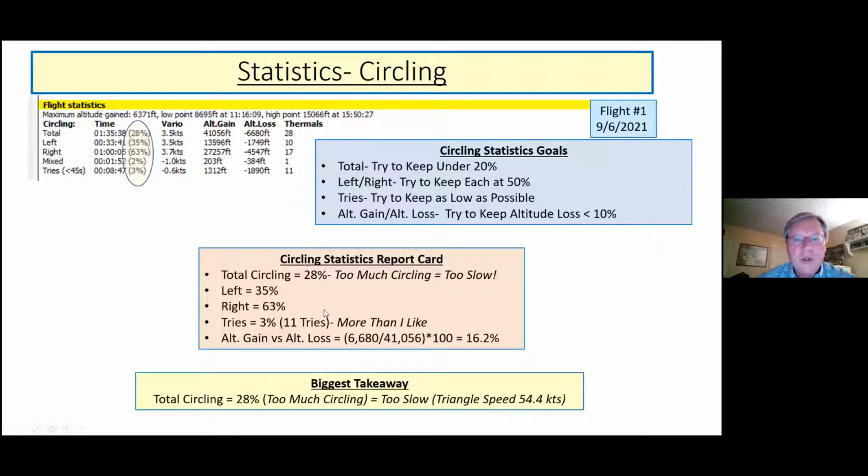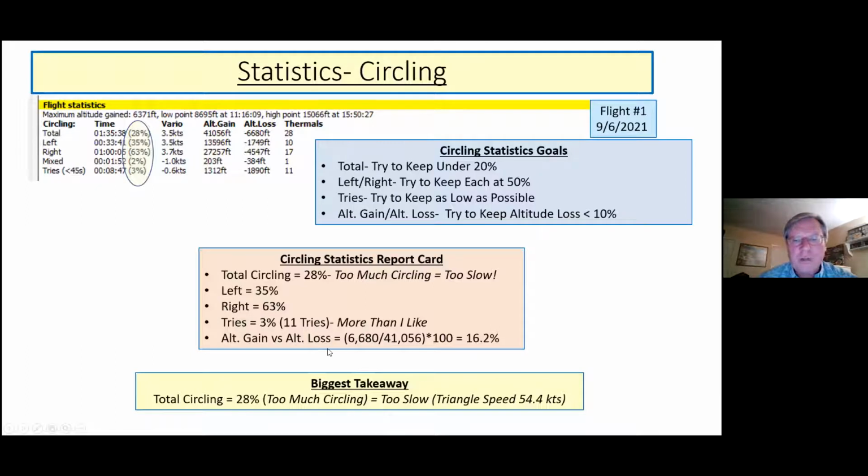Going down, so how did I do? Well, the 20%, as I said, that's a little too slow, and it shows in my speed. Circling left and right was 35 and 63%; 50-50 is what you should try to achieve. But like I say, that doesn't always work out that way. 11 tries is a little bit more than I would like.